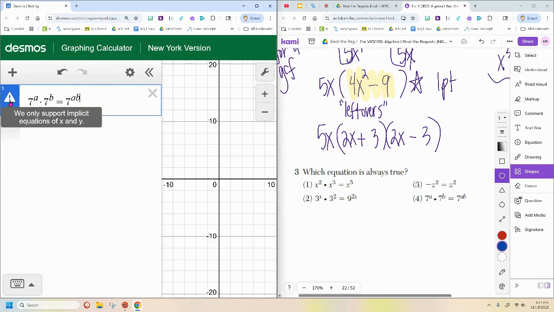So let's see. We only support implicit equations of x and y. So basically, since we're not using x and y, it's unhappy.